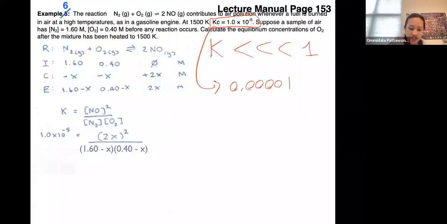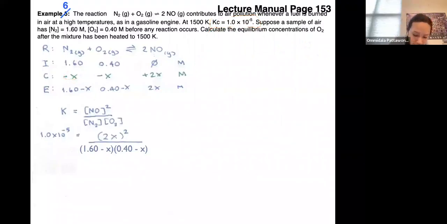It means that the change is going to be very small, and the majority of them are still going to stay as the reactant, because Kc tells us the stability. When Kc is less than 1, the majority of them stay as the reactant. When we compare the change to the given initial concentration, we can say that the change is going to be negligible.